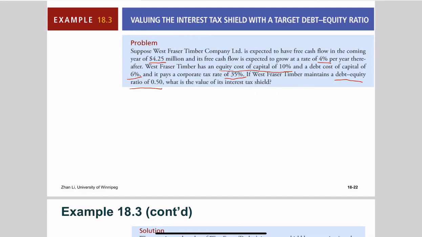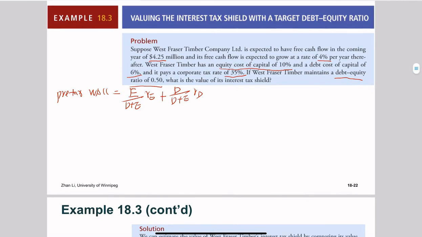So let's start with pre-tax WACC. Clearly we have RE, right? So RE is 10%, RD is 6%.